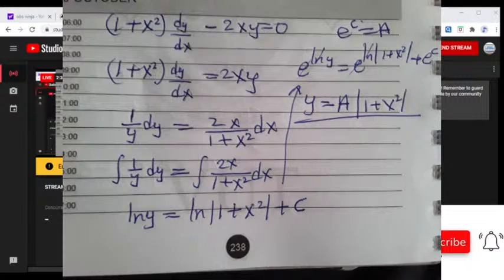The thing you have to check is that when you differentiate x squared in the denominator, you get 2x, which means you are getting the numerator. That on its own gives you ln of open bracket, the denominator, close bracket, plus c.